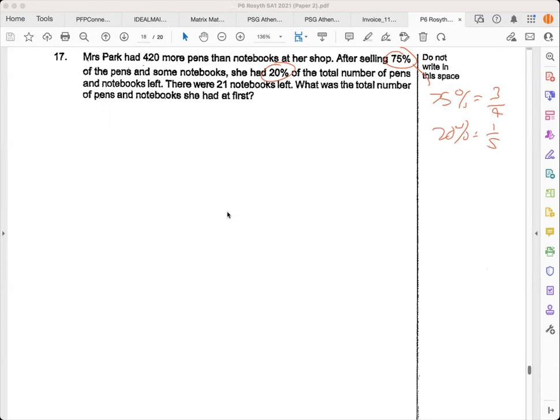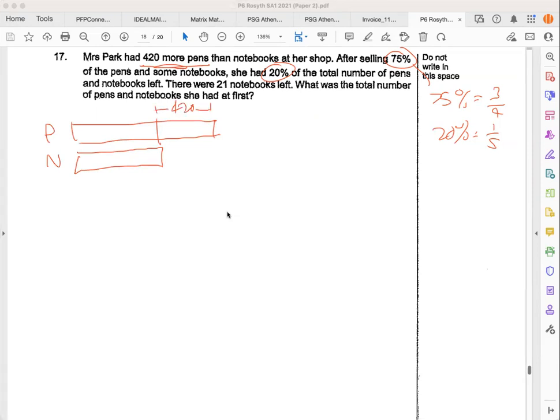Whenever there's a quantitative difference, always draw a model. So pen versus notebook. So there are a total of 420. Okay, I'm writing the number outside the box because I need to remove 3/4 of the pens.